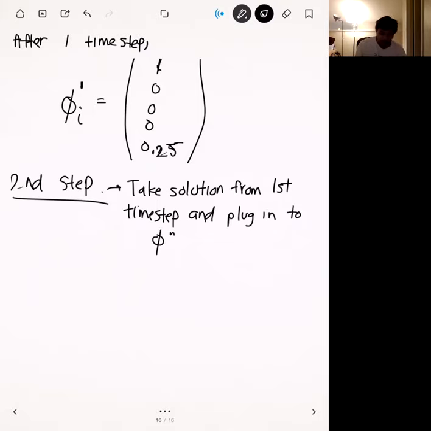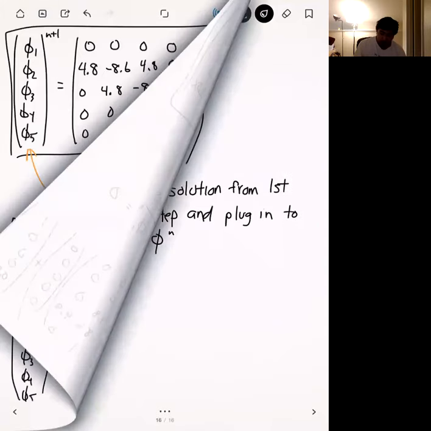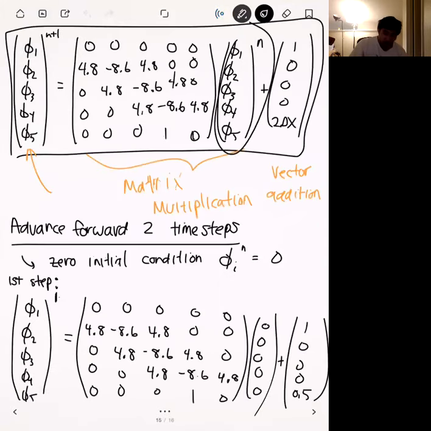Just to save myself the writing, I'm going to come back here. Now this is going to be on the second time step. But instead of having all zeros here, I'm going to plug in the solution that I got from the first time step, which is 1, 0, 0, 0, 0.5.